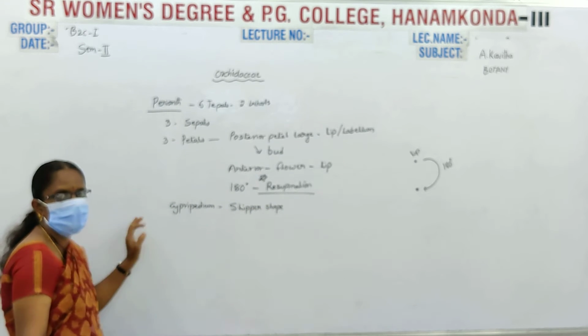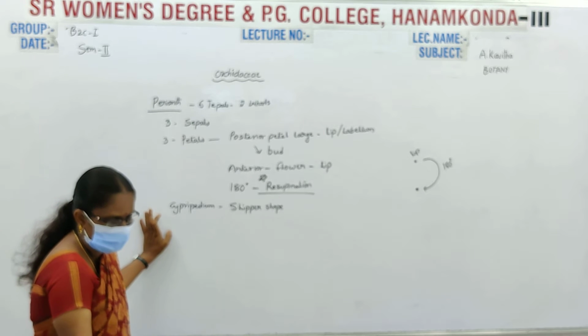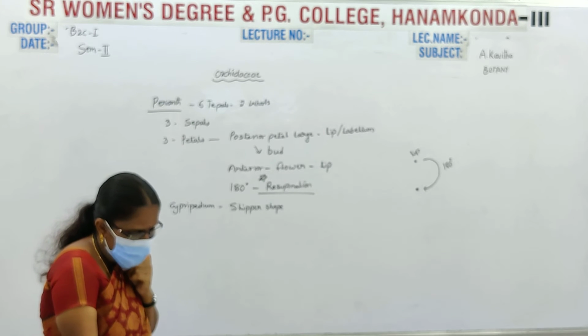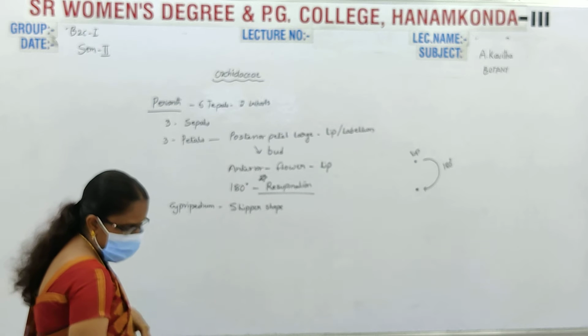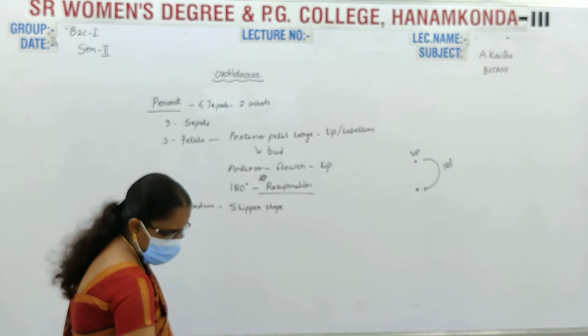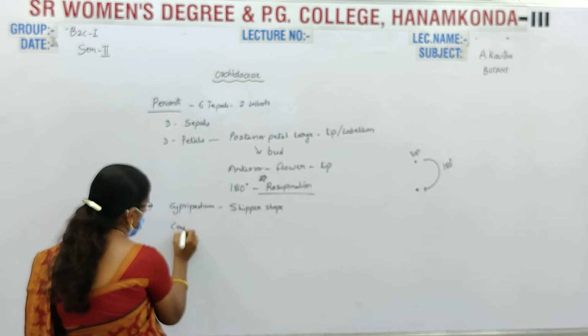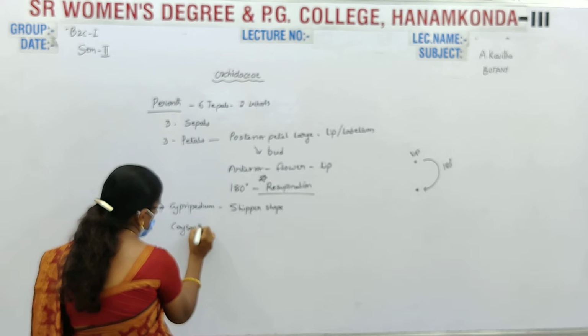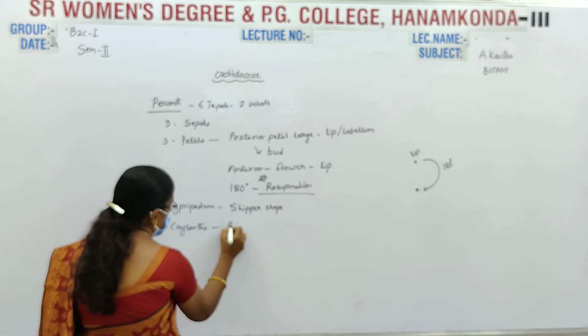In Coryanthes, the labellum is bucket shape.